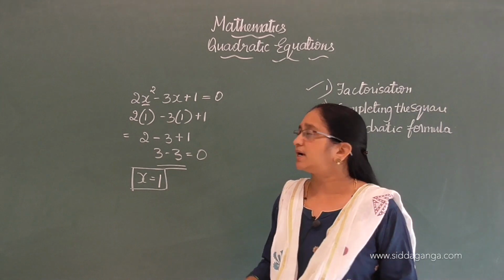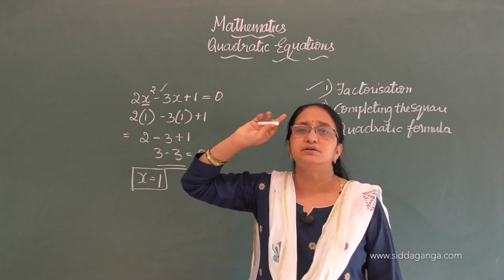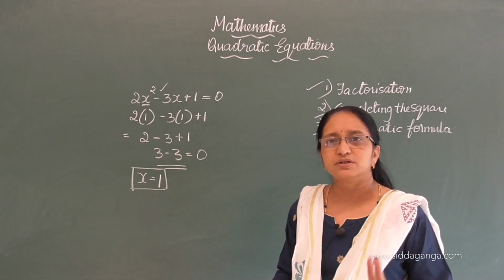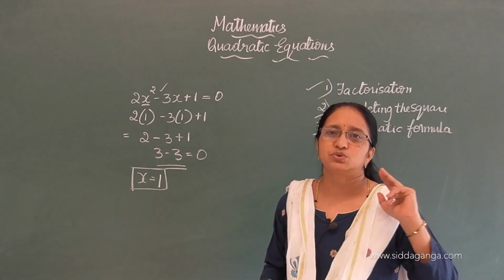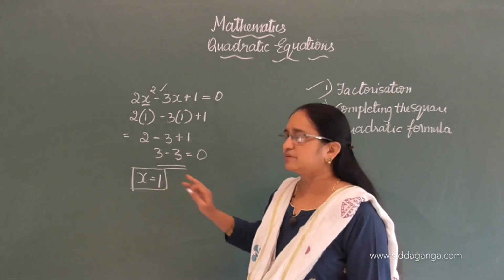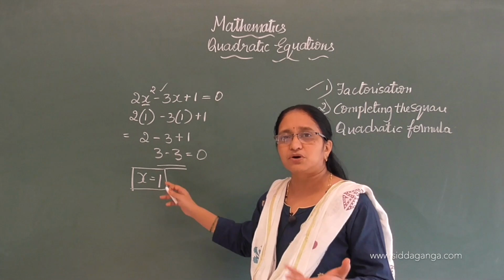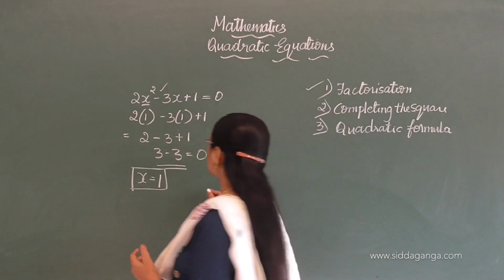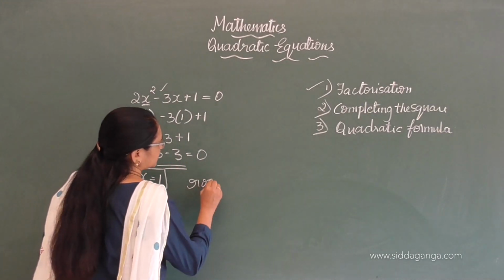I hope you understood why I am telling one of the solutions, because it is a quadratic equation. You have learnt in the polynomials, quadratic polynomials have at the most 2 solutions, understood, at the most 2 solutions. That is called the solution, and also we can call it by the name root of the equation.